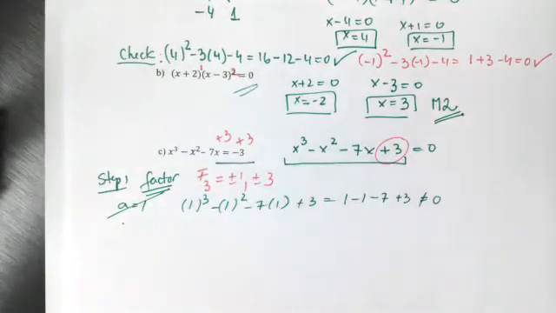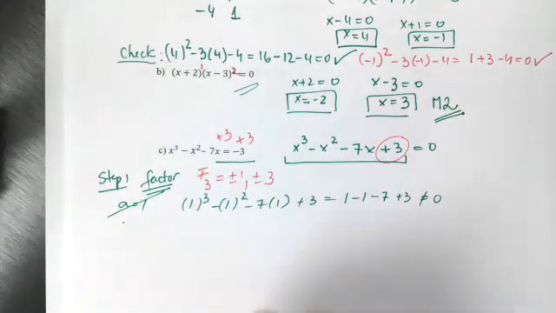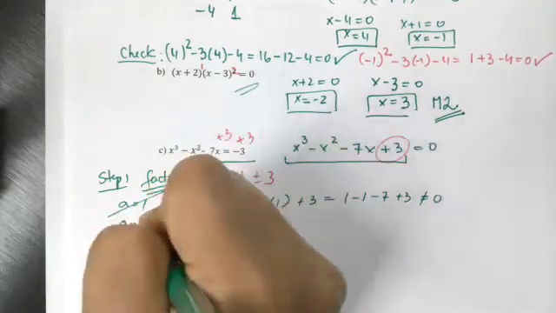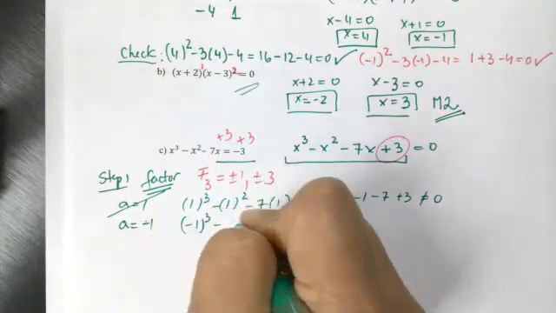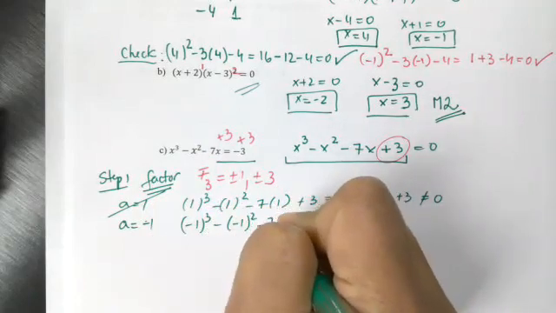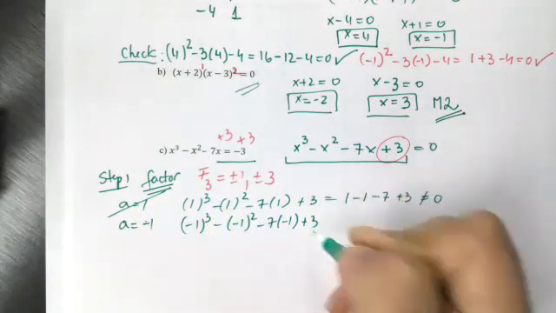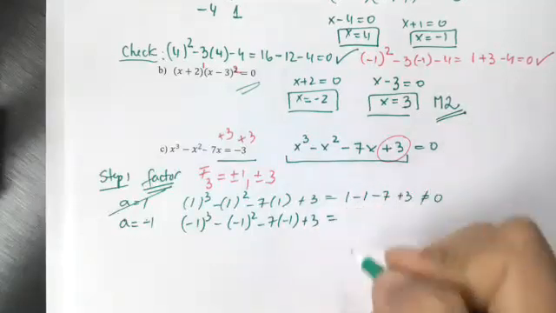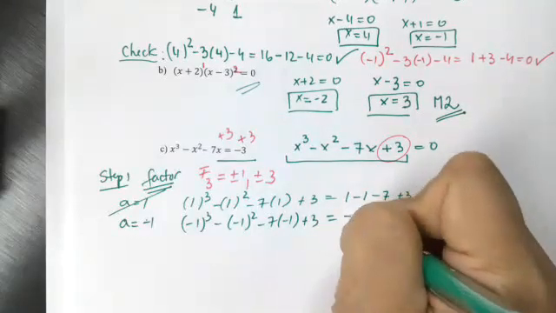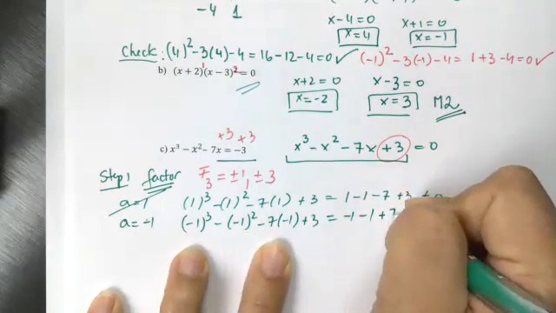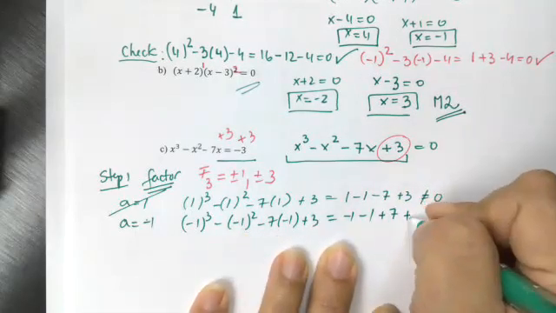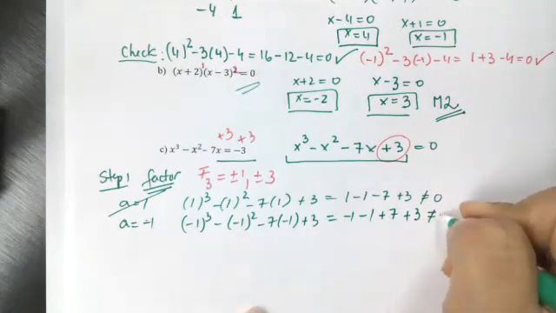So not a factor, x minus 1. How about a equals -1? -1 cubed minus -1 squared minus 7 times -1 plus 3. That is -1, subtract 1, plus 7, plus 3. Not going to equal 0.